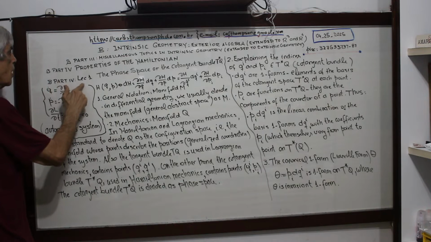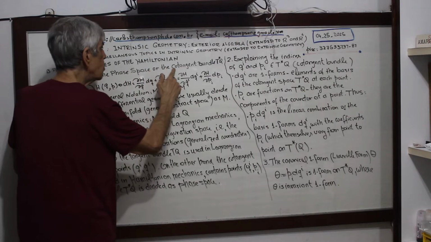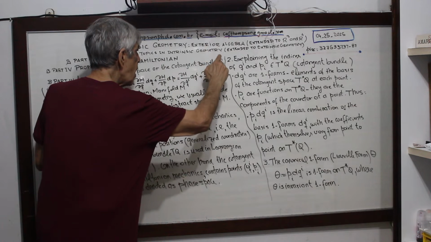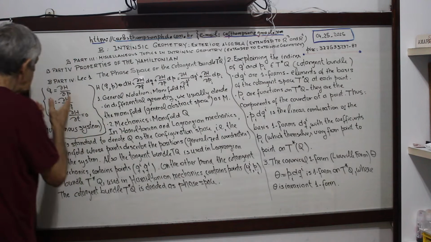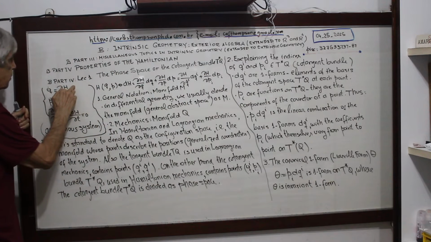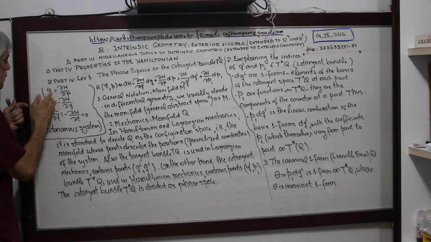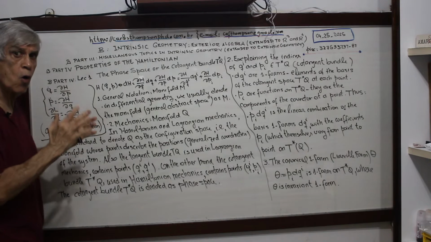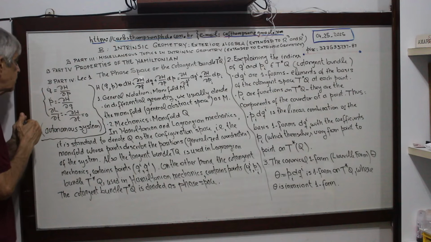B part 4, lecture 1, the phase space or the cotangent bundle T*Q. Now, from part 3, you derived the Hamiltonian equations, which are first order equations.